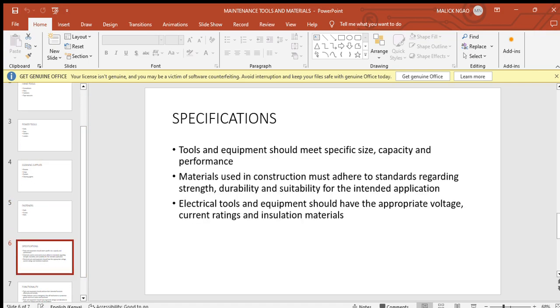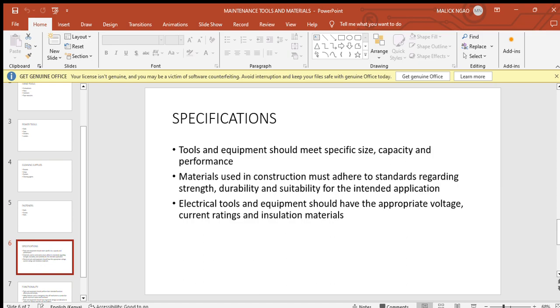Let's now focus on the specifications of these tools, equipment, and materials. We have some of the specifications that the tools and equipment used in maintenance must meet. Specification number one is that tools and equipment should meet specific size, capacity, and performance. Also, the materials used in making the tools and equipment must adhere to standards regarding strength, durability, and sustainability for the intended application.